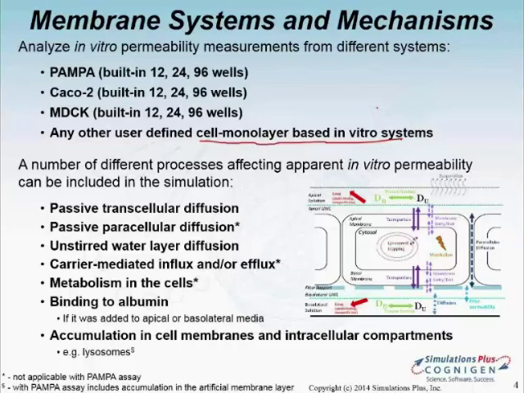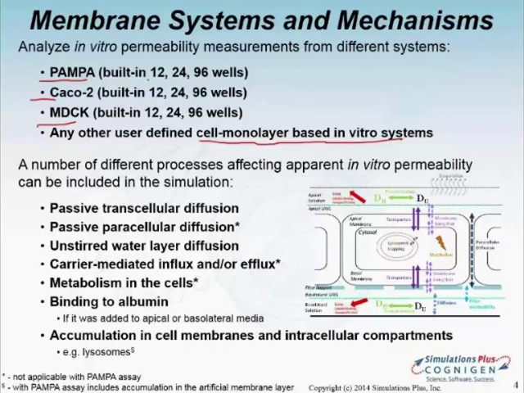Those are all possible future developments that we may be incorporating in the near future, but for the moment it is really focused on assays done in either PAMPA, Caco-2, MDCK, or any other cell monolayer systems. I know that there are probably a lot of other systems you may be using, LLC-PKs, and so on.